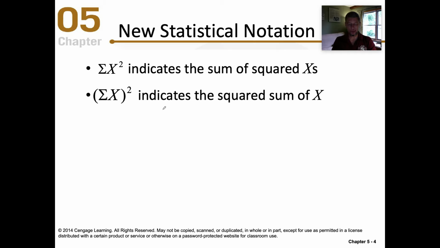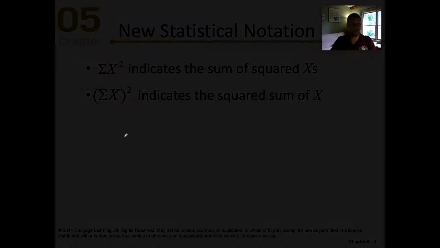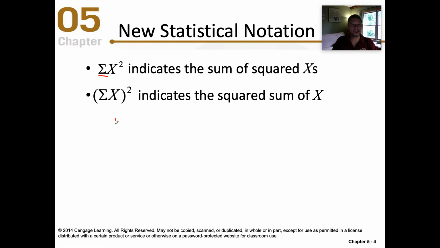Remember that the Greek letter sigma that you see here means the sum of. So let's say I have a data set that's 1, 2, 3, 4, and 5. This will represent my values of x.